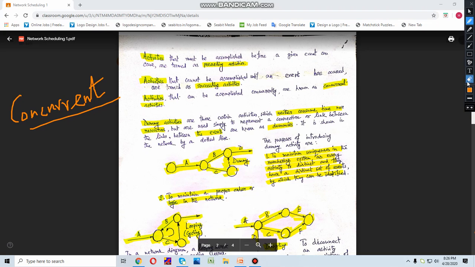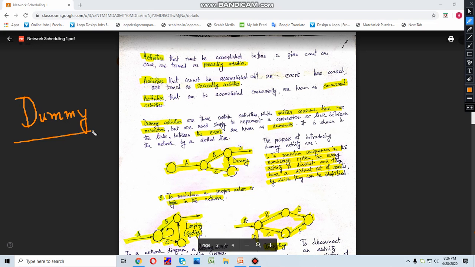Okay, now we'll be discussing a very important thing, which is called a dummy activity. You can understand what the word dummy means. From this basic meaning, you can understand the importance of this dummy activity.